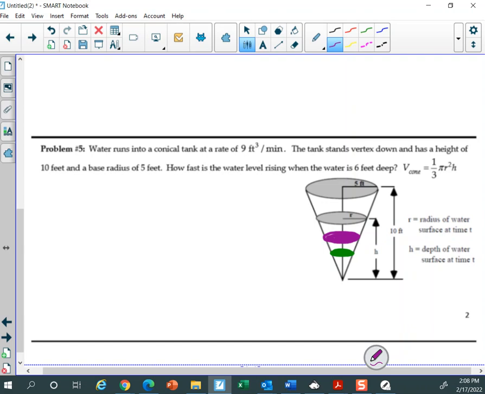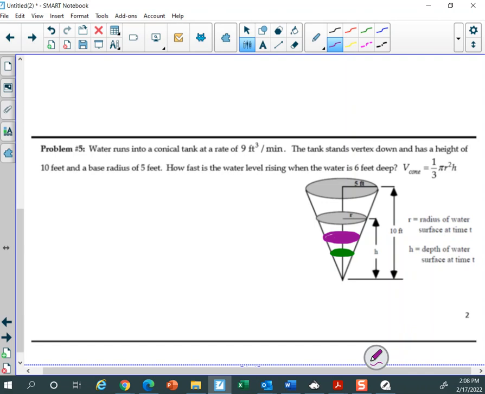So imagine the surface of the water. The surface of the water is going to be circular, but with less water in the tank, a smaller circle. The circle gets bigger, bigger, bigger, and then if we fill the tank to the top, the circle has a radius of 5 feet. Are you on board with that?